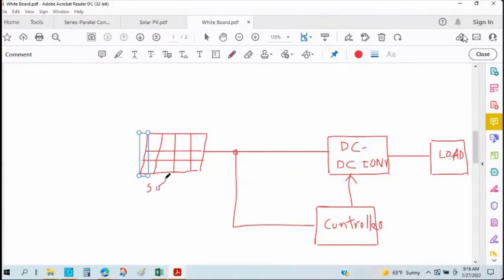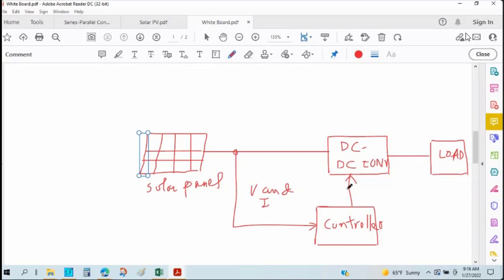That means we will get the voltage and current information. We will sense the voltage and current of the solar panel, and we will send that information to the controller.